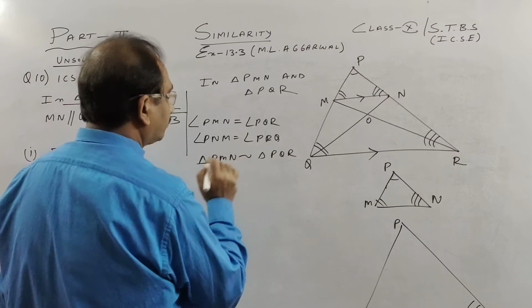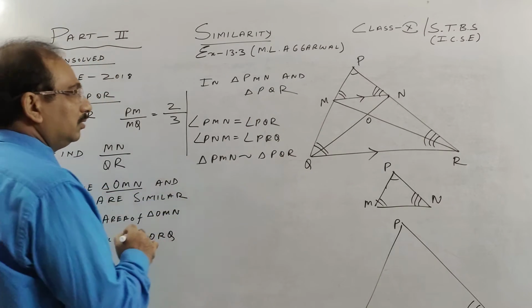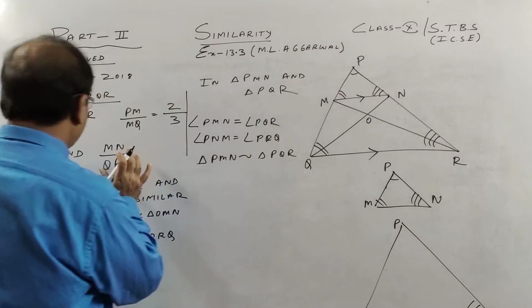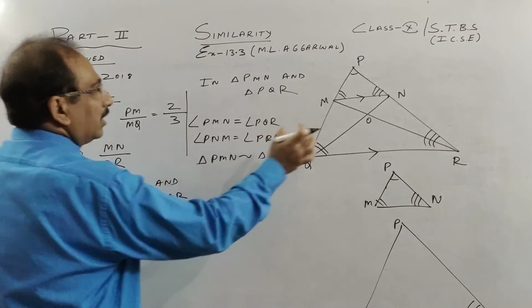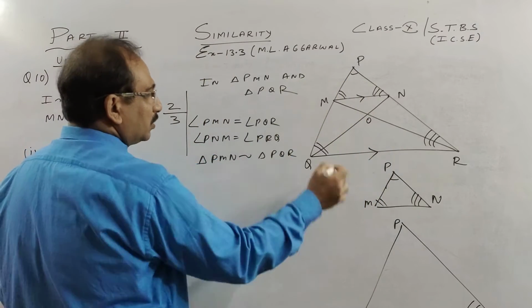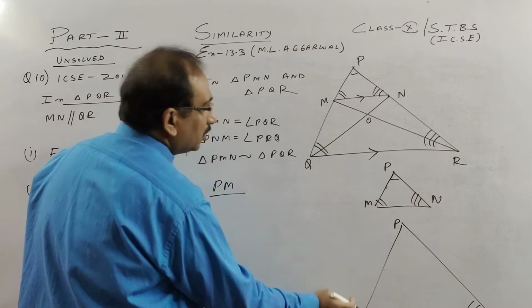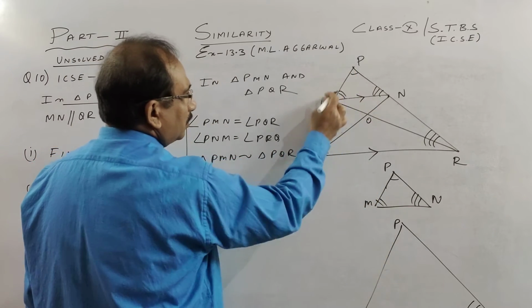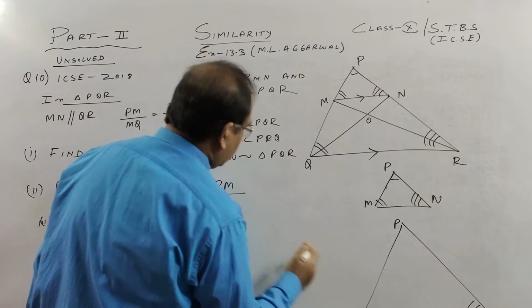Okay, so once I have proved similar, then you see next, once they are similar, then sides are proportional. So we have to get MN by QR. So first, children, in the small triangle, PM is proportional to PQ, because opposite to this is PM and opposite to this is PQ.